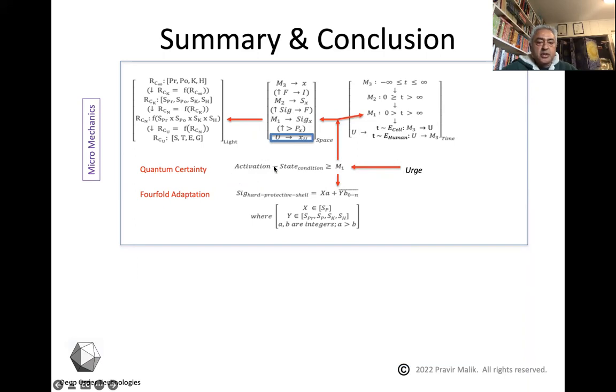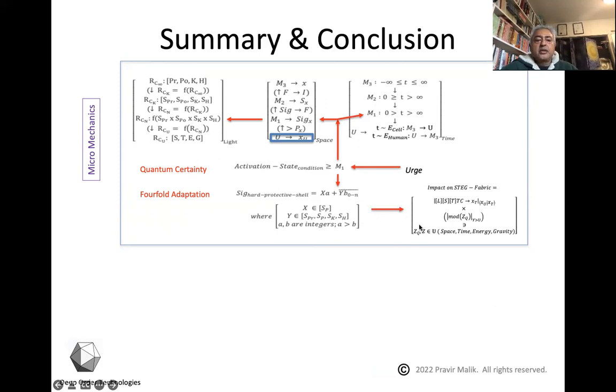In this state of quantum certainty, different dynamics become active, and we can see what those dynamics are based on light, space, time notations that are summarized over here. And this can result specifically in fourfold adaptation, whereby there's changes to the manifested set along each of the dimensions of presence, power, knowledge, and harmony.